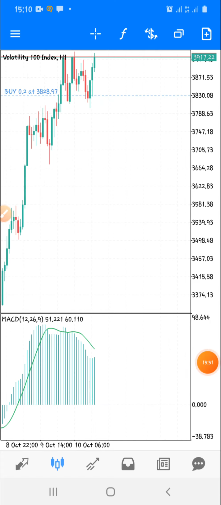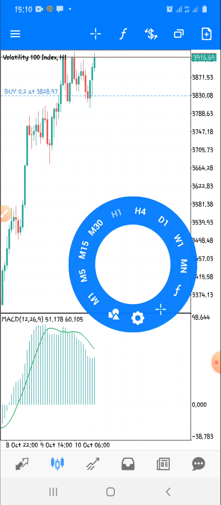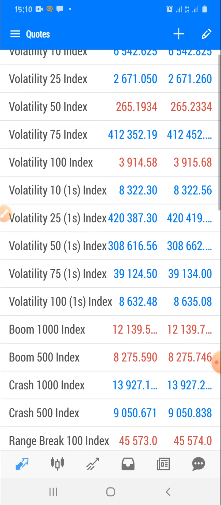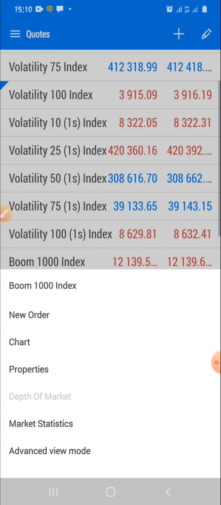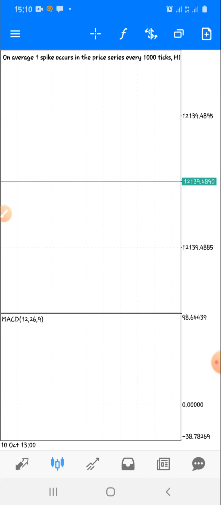For the sake of education purposes, please allow me to open the BOOM1000 index. Let's use the BOOM1000 index for our illustrations below. So it's still loading.